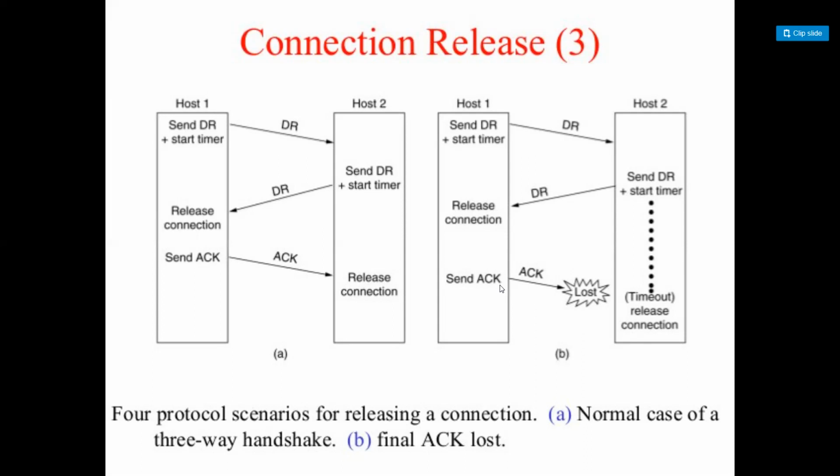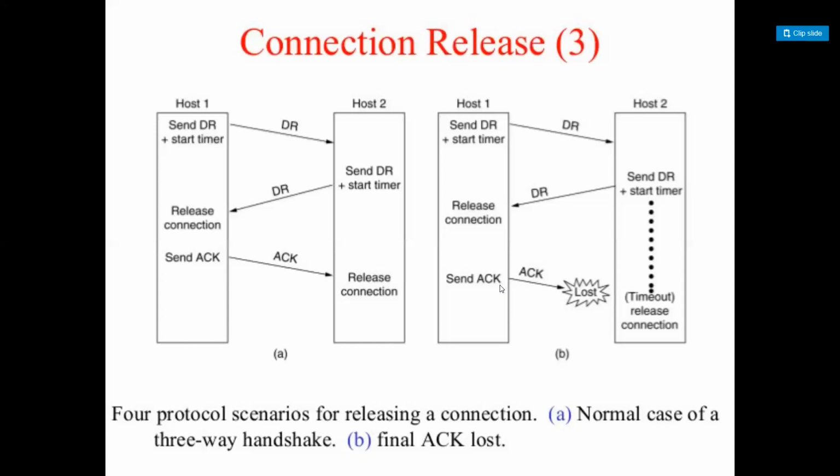Within the timer, host 2 sends a DR, disconnection request, plus a timer. After these two agree on the disconnect request, host 1 and host 2 release the connection. Now the acknowledgement is sent, and finally it releases the connection.